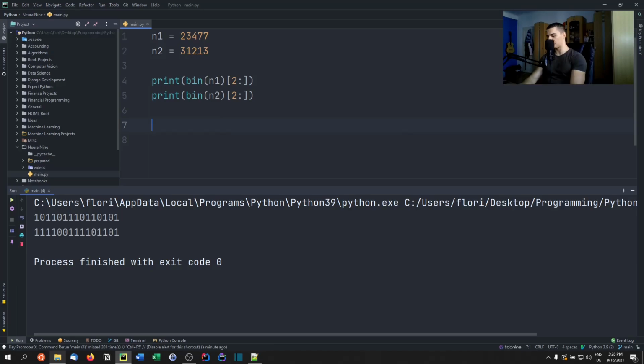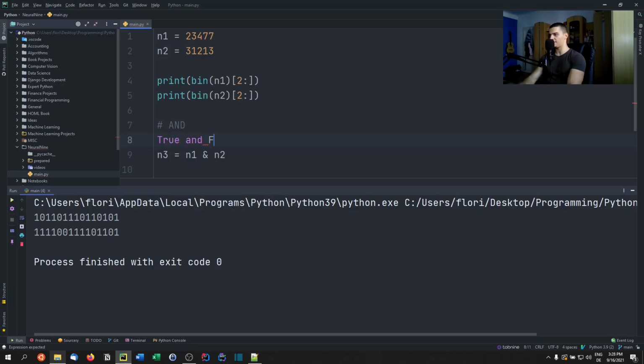We're going to start with a basic AND. And for this, we're just going to say number 3 is going to be N1 and N2. Now we use a single AND symbol. Now if you're coding in Java or C or C++ or C#, you know that if you want to use the equivalent to a Python AND, which is a logical operator, when we have something like true and false, for example, you use 2 AND symbols.